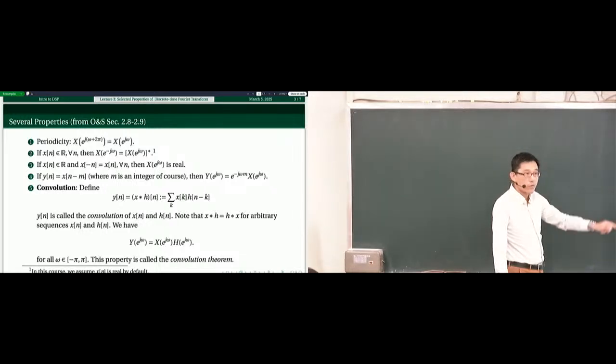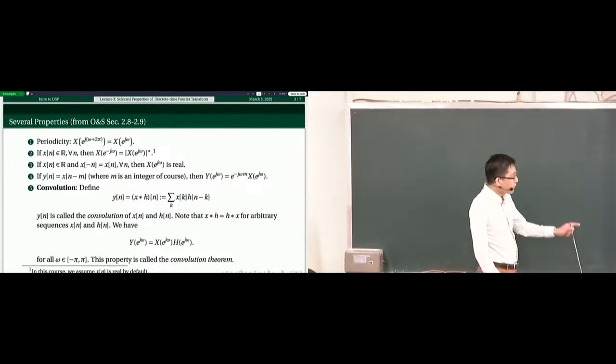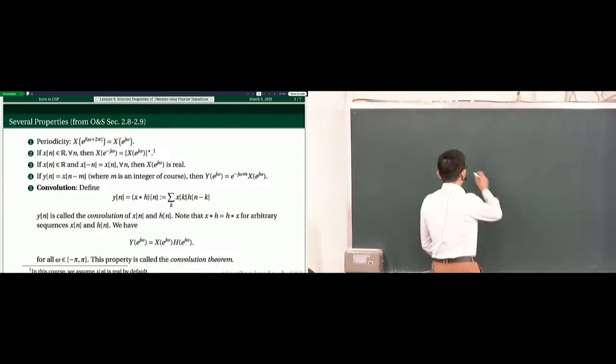Some of you also pointed out last Thursday when we met for discussion: yes, of course, they are periodic. That being said, I often told my graduate students, when you plot a DTFT, there's no need to repeat.